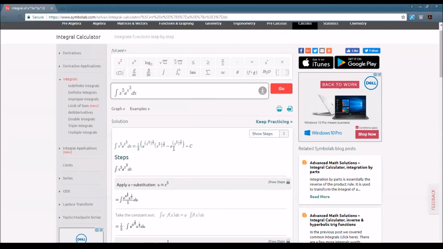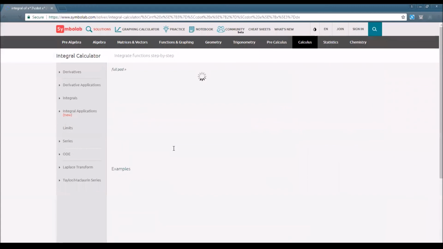I wonder where they got that 5 from. Let's write it as we wrote it earlier and see if that changes how they represent it.